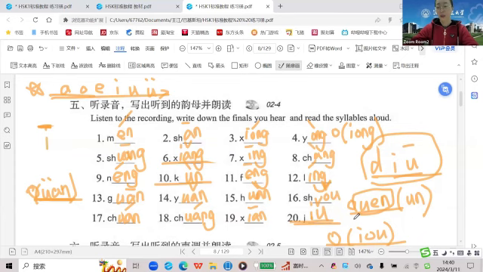So we have learned this final, wen, and you, and the other final is wei. Look at this final. If there is an initial in front of it, what is the written form? For example, dui.